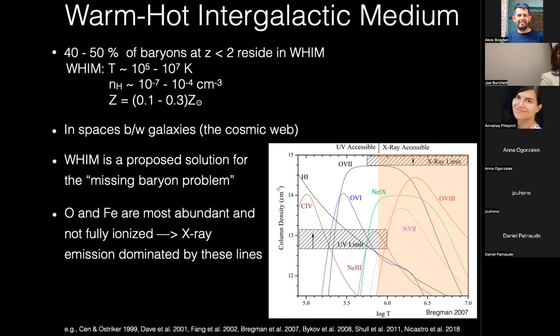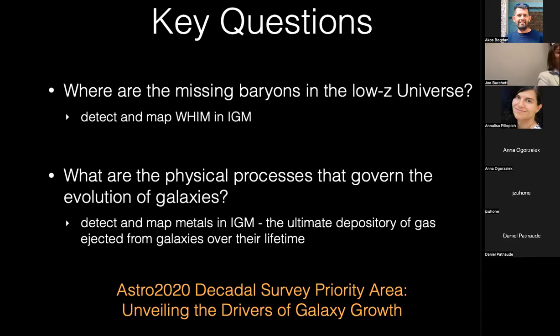And the question is why we want to do this. Well, there are a number of important questions, and here I just briefly highlight two very big ones. The first one is: where are the missing baryons in the low redshift universe? For that, we need to detect and map the WHIM in the IGM. The second question is: what are the physical processes that govern the evolution of galaxies? This is a very broad question, but we should remember that the IGM is an ultimate depository of gas that was ejected from star-forming galaxies throughout their lifetime.